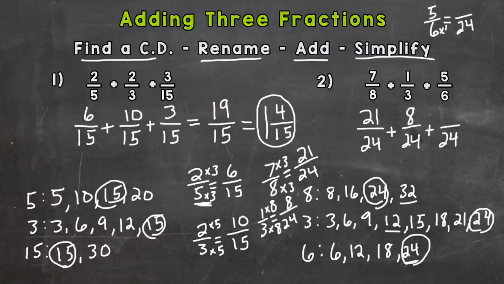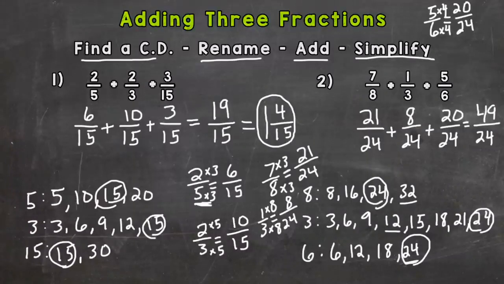Well, 6 times 4 is 24. 5 times 4 is 20. So now everything's renamed with a common denominator, so we are able to add. 21 plus 8 is 29, plus 20 is 49, and we keep our denominator of 24 the same.